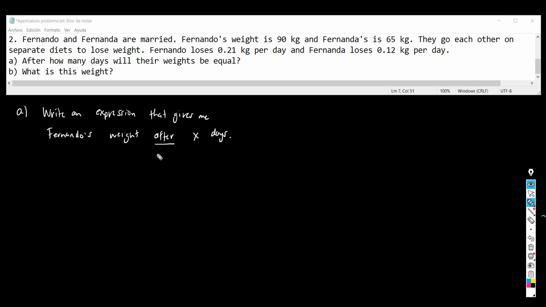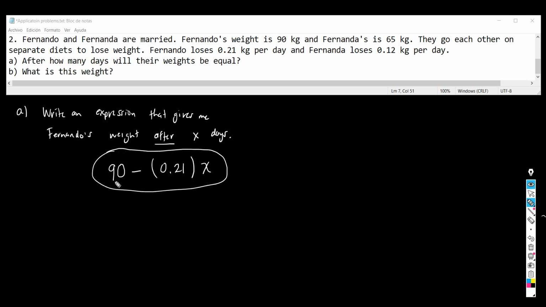Fernando's weight after X days will be this: 90, which is his initial weight, minus 0.21 kilograms times the number of days, x. You see, all of this expression is giving me the weight of Fernando after X days have passed.